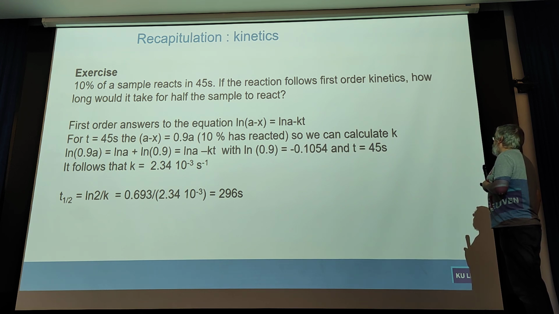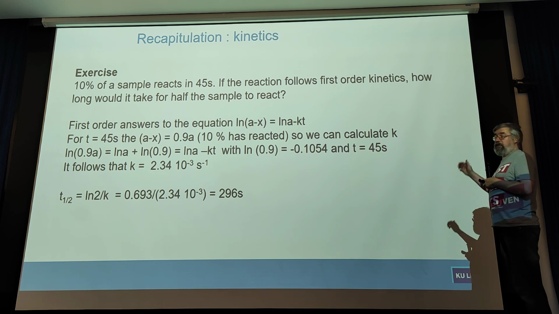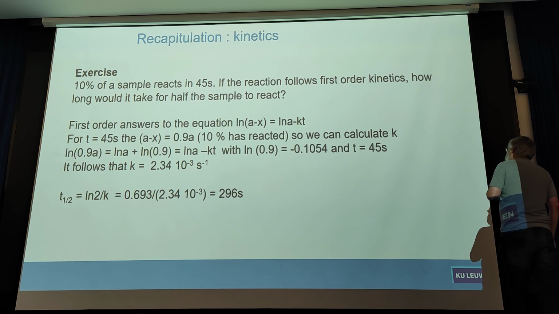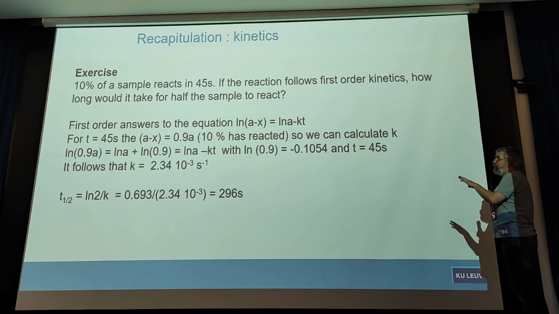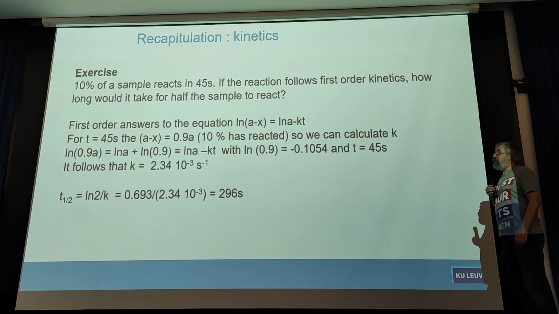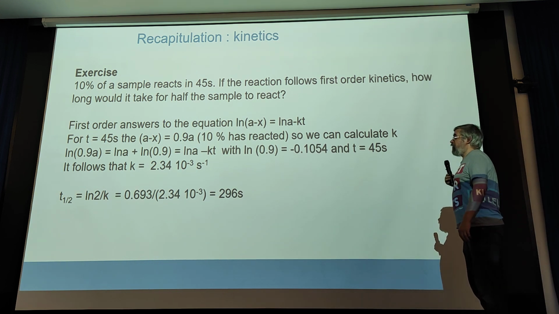So ln 0.9 is minus 0.1054. So we can calculate k from that. All of the rest is known. So then it follows that k is 2.34 × 10^-3 per second.